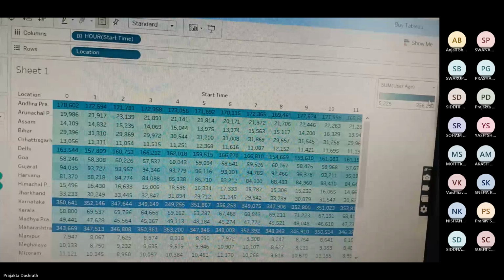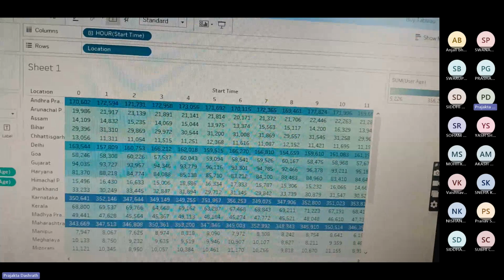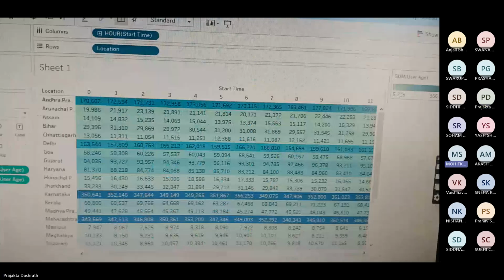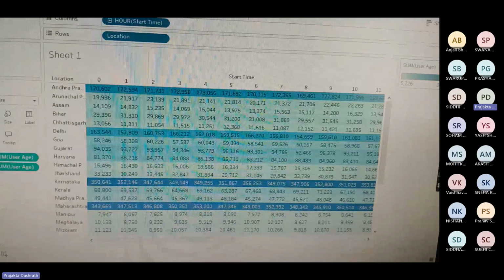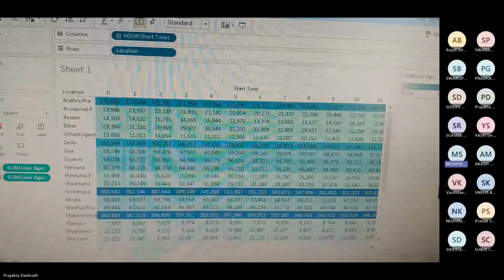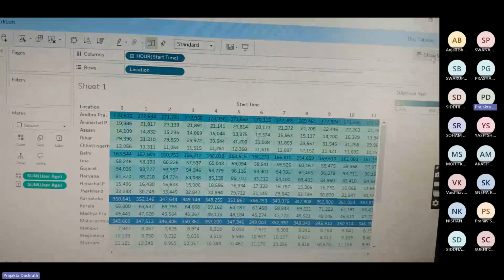Which chart are we observing? Which type of chart is it? Highlight tables. Highlight tables. Very good.